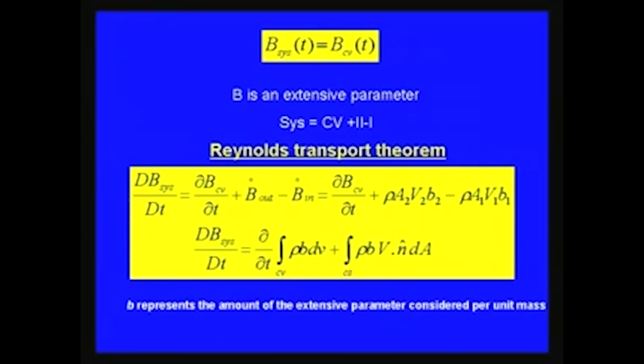So, the total change with respect to time of the extensive property, dB by dt, where B is the extensive property, is expressed as follows.